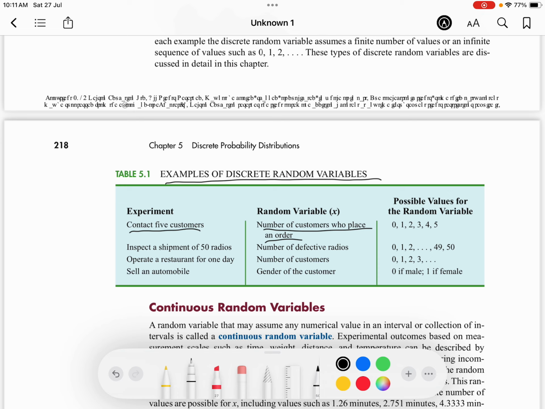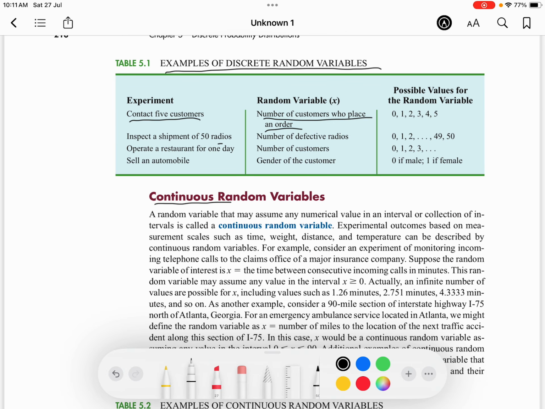Inspect a shipment of 50 radios: number of defective radios from 0 to 50. Operate a restaurant for 1 day: number of customers 0, 1, 2, 3, and so on. Sell an automobile: gender of the customer, maybe male, we put 0, or female, we put 1.